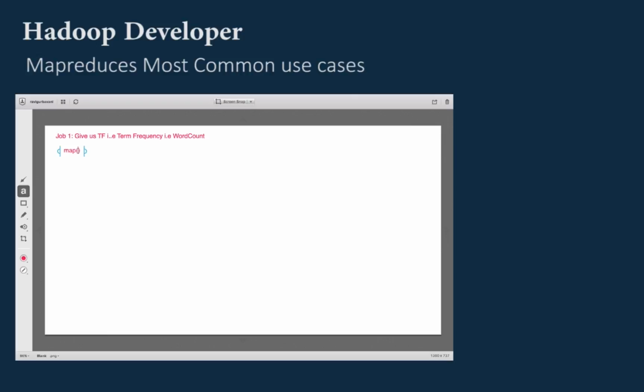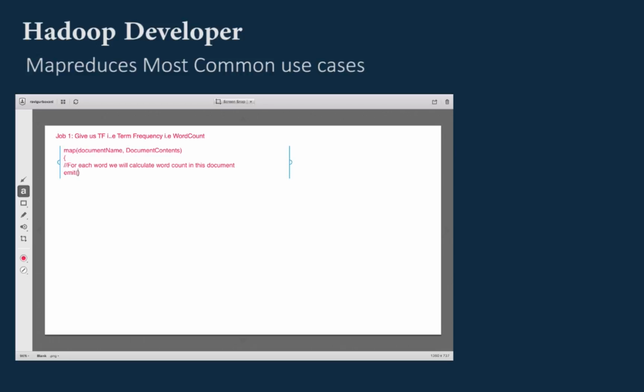In our map, we'll have document name as input and document contents as output. For each and every word, we will calculate word count in that particular document.